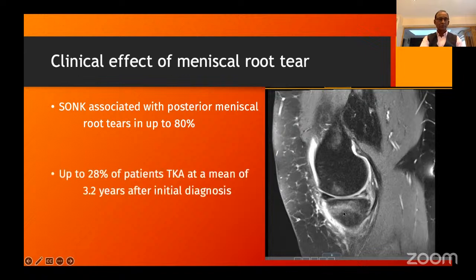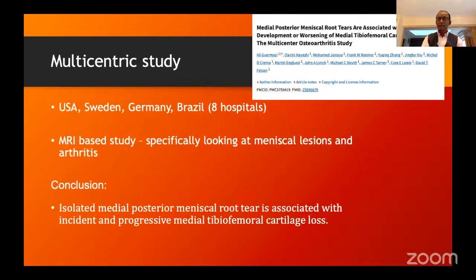Also, 28% of the patients with degenerative meniscal root tears ended up having total knee replacement in less than 3.5 years. So having a root tear has significant implications on the cartilage longevity or nutrition of the knee joint.